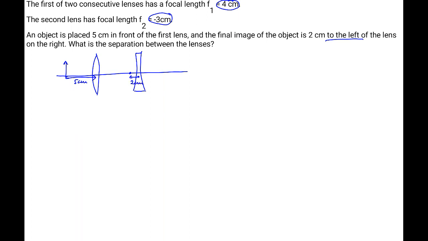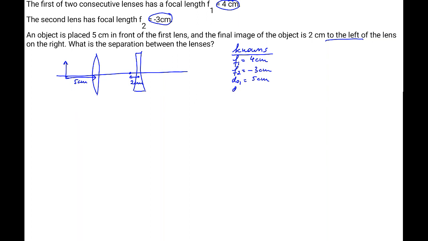So let's write down our knowns and unknowns and pay attention to the signs. We know that f1 is 4 centimeters, f2 is negative 3 centimeters. We know that DO1 is positive 5 centimeters, and the final image is 2 centimeters to the left.